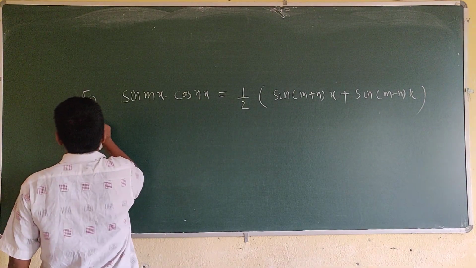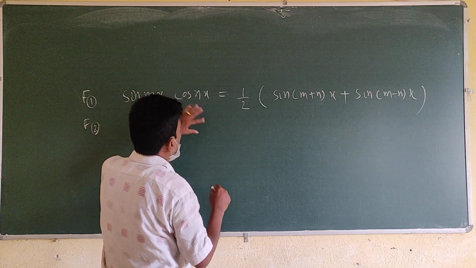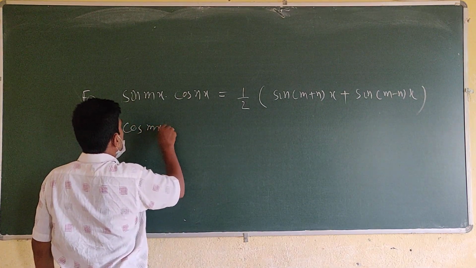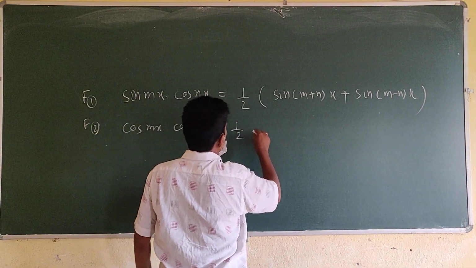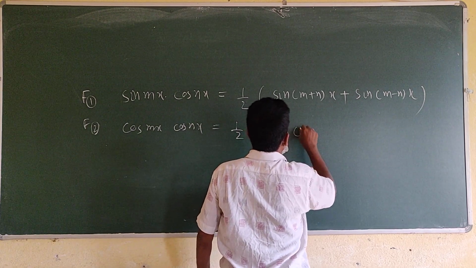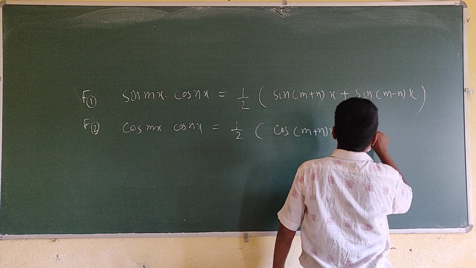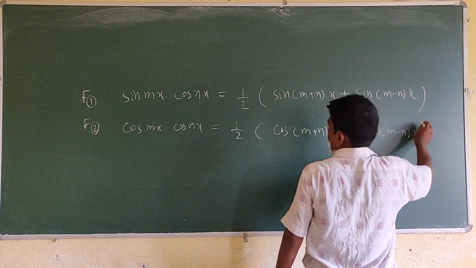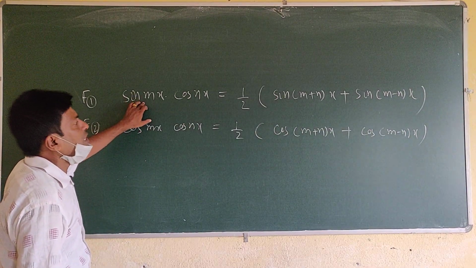Similarly, formula 2, the alternative sin and cos. If both are cos, cos mx into cos nx is equal to half of cos (m plus n)x plus cos (m minus n)x. I have solved some integration problems using that formula.